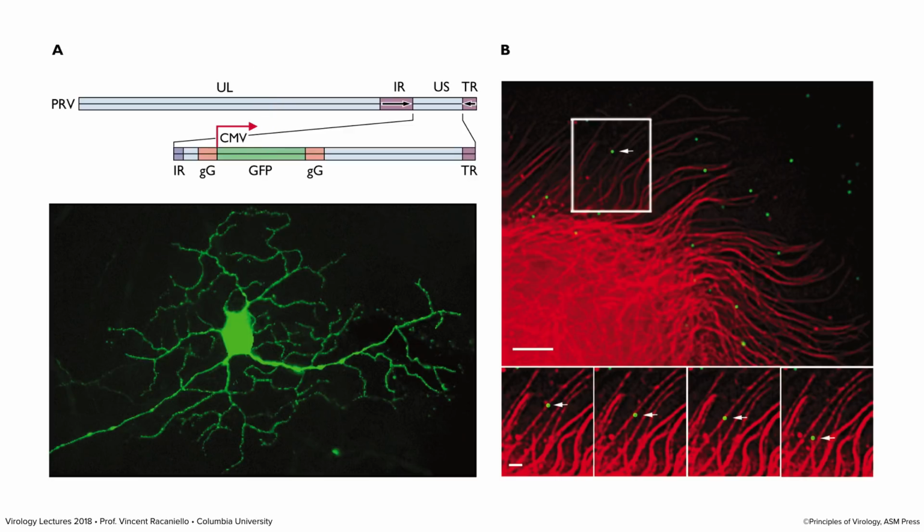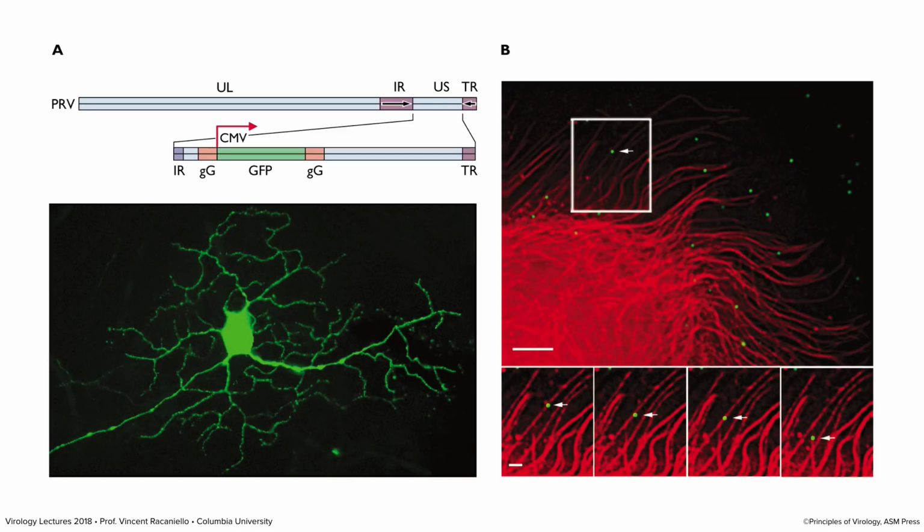And this virus was used to infect the brain of animals. And you can see that this neuron is full of GFP because it's virus infected. And so you could actually inject this virus at a very particular place in the brain and trace all the neuronal connections by looking at where the GFP is going throughout the brain. That's an example of that.